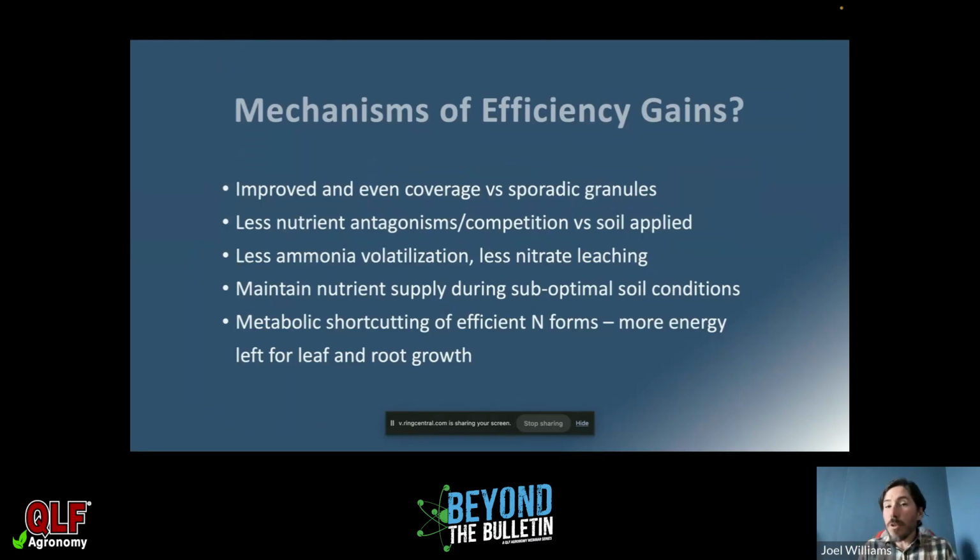So for example, if you put urea in the soil, urea doesn't stay as urea. It will convert back into ammonium and or nitrate. If you put amino acids in the soil, those amino acids might get eaten by the biology in the soil. Whereas if you put those things in the foliar, you're more likely to get them into the plant in the form that you want.